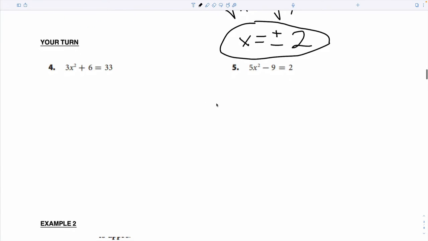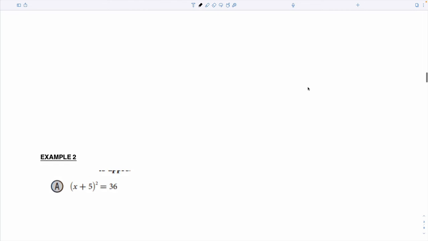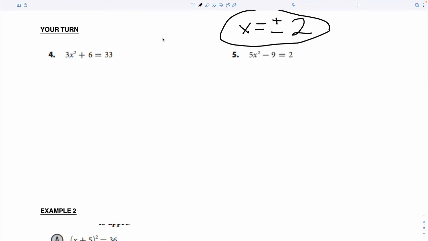Your turn, do 4 and 5 on your own. Let's make sure these work. Number 4 is going to look great. Number 5 looks kind of funky. I'll talk to you about what that looks like when we get to it. So for these, if you're taking the square root, I don't want to factor anything. I'm going to move everything to the right.